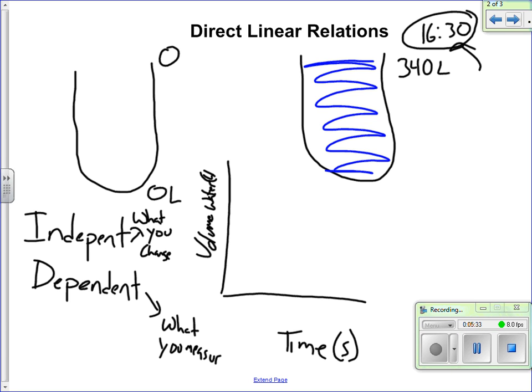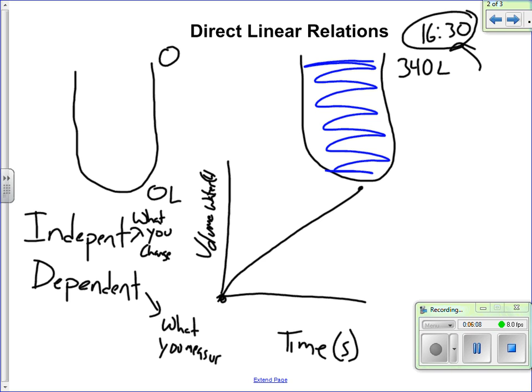When I graph this, what I find is that point 1 is the origin, at 0, 0, and point 2 is somewhere over there, represented by 340 liters at 990 seconds, just like your textbook has as an example. When I join those two up, I get a straight line. And that tells me right away that I have a linear relationship. Now, going further than that, we can calculate the slope.